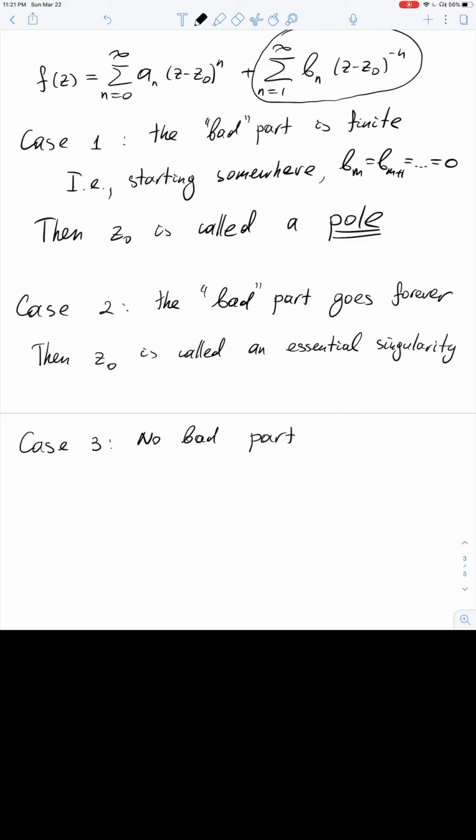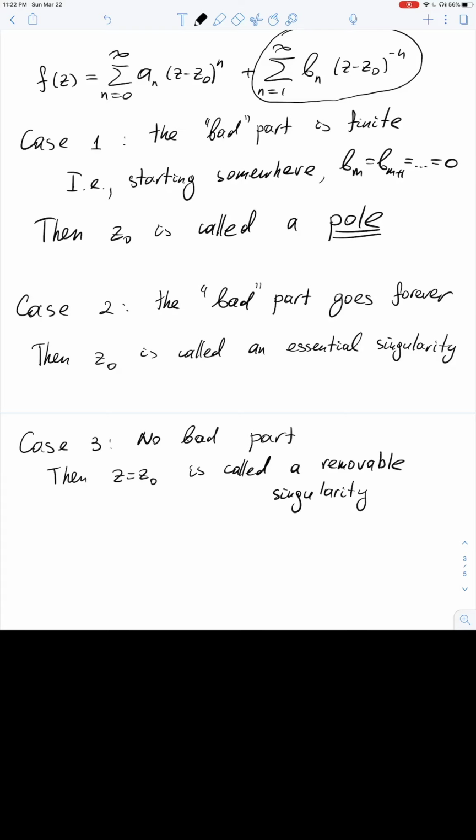Which means that f was in fact analytic at z0. So then there's no name for z0, it's not actually a singular point. And z0 is called, and this name tells you a lot, a removable singularity. Removable means that we can just extend f, define it at z0.